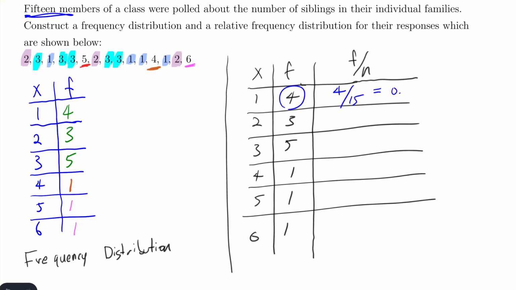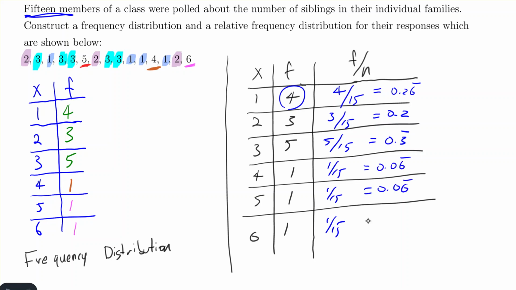This is about 0.26, and it's actually a repeating 6. 3 divided by 15 is 0.2. 5 divided by 15 is 0.3 repeating. 1 over 15, 1 over 15, 1 over 15 is 0.06 repeating.